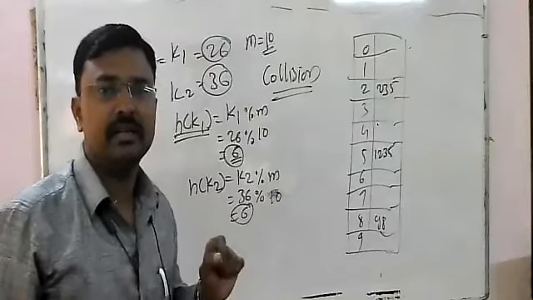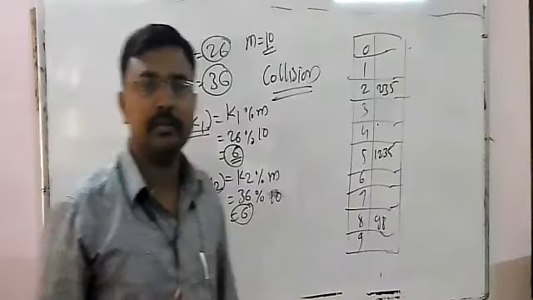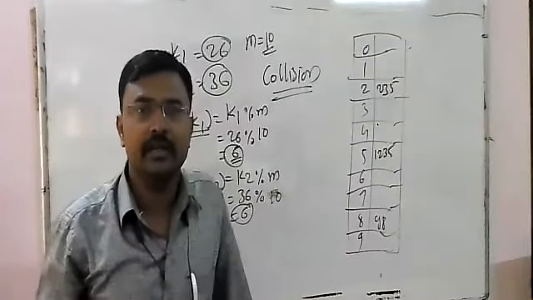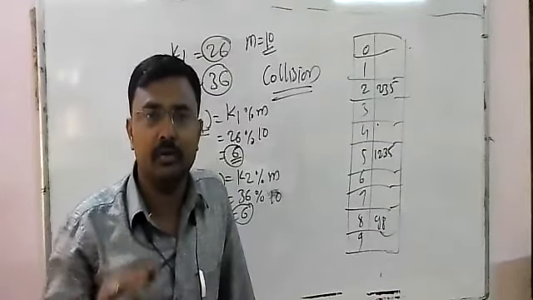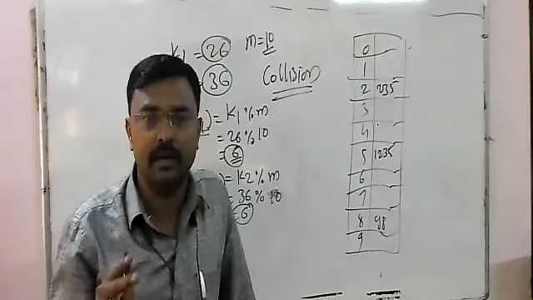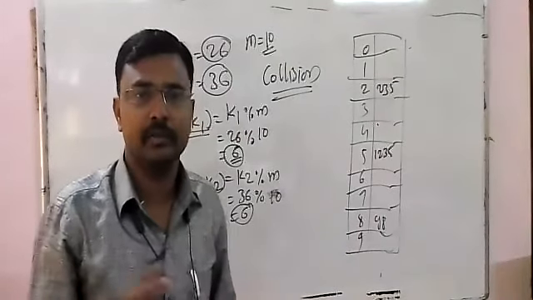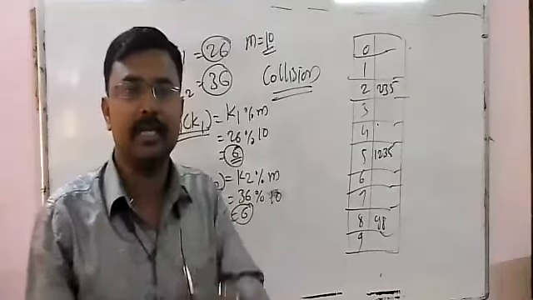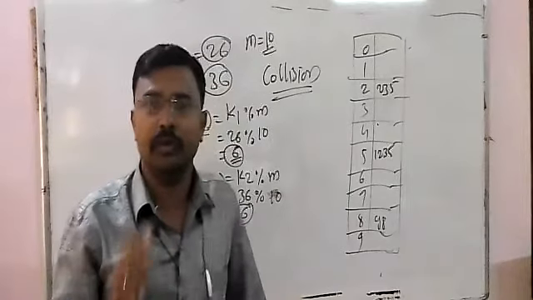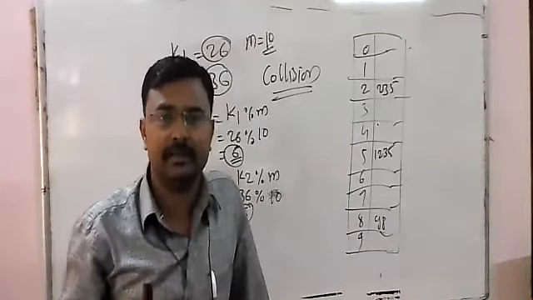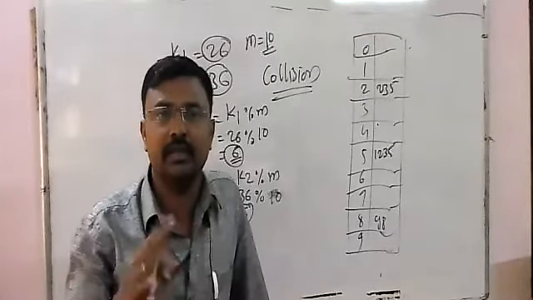So collision is the condition in a hash table that occurs whenever you store two key values having the same hash value. At that time you will get the collision message. So this collision must be removed, and there are some techniques for removing this collision.